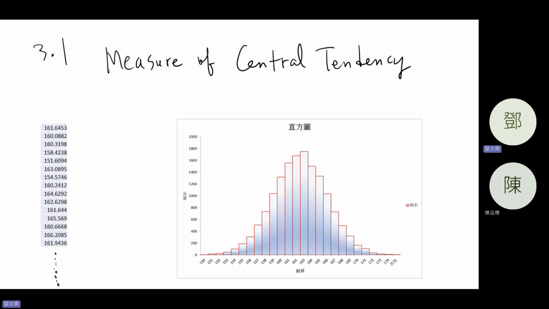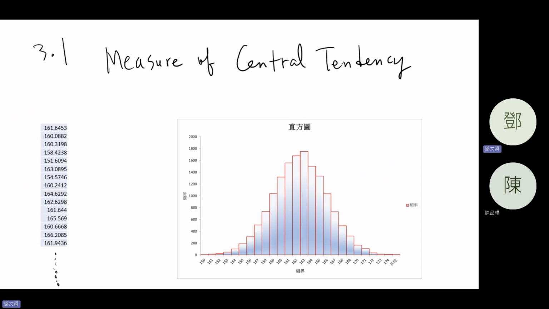Most of them gather around 162, which is the mean height. You see that?